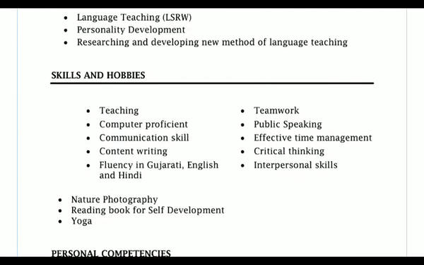After that, skills and hobbies. We have discussed that. There are two kinds of skills: one is technical and the other is soft skills. So you can write in point form also. I wrote these skills in a table, but after that I removed the table and it looks like this: teaching skill, computer proficiency, communication skill, content writing, fluency in English, Gujarati, Hindi, and teamwork, public speaking, effective time management, critical thinking, and interpersonal skill.